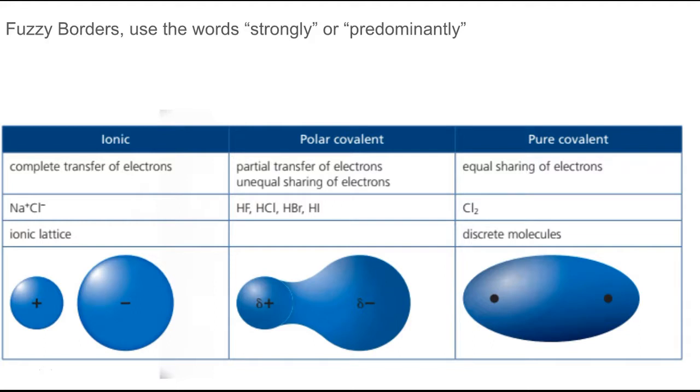To be safe, make sure to use words like, oh, this compound would be very, very strongly covalent or predominantly covalent, or this would be predominantly ionic, rather than flat out saying it's purely ionic or purely covalent, because again, the borders between those two isn't really strongly defined. So you need to use words like predominantly to kind of stay safe in terms of the IB.